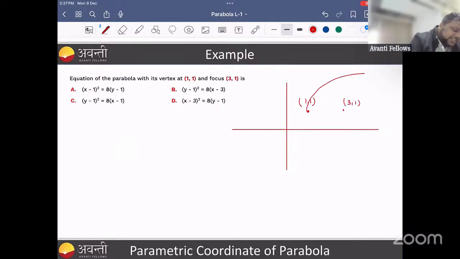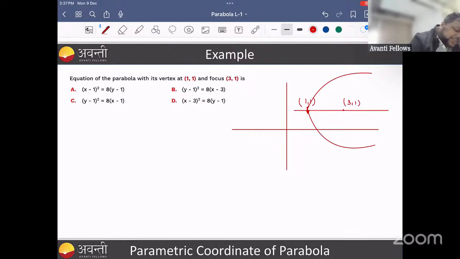They are saying this is the vertex and this is the focus. Got it?